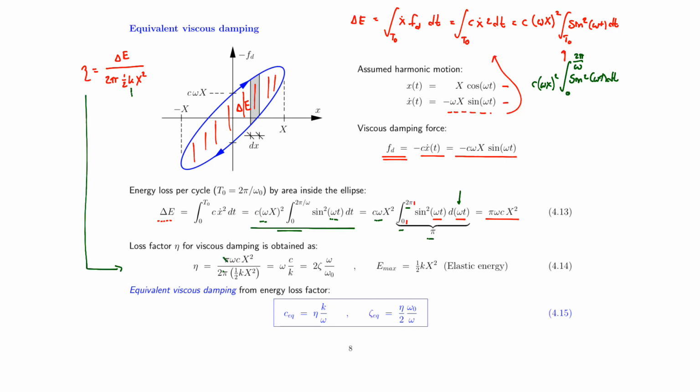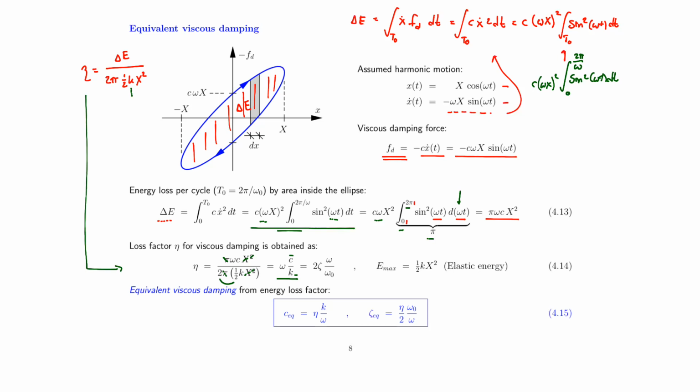The pi cancels here, the 2 cancels with the 1/2, and the X squared cancels in both numerator and denominator. Thereby we end up with a very simple expression for the loss factor in terms of viscous damping. That is the angular frequency by which you oscillate your material or your damping device, times the viscous damping coefficient divided by the stiffness. And this is a non-dimensional factor.